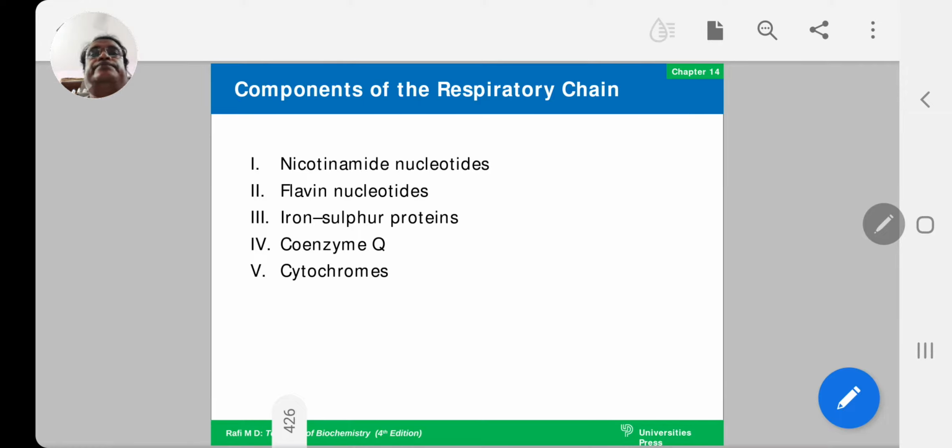Iron of heme in cytochrome oscillates between Fe3+, that is in oxidized form, and Fe2+, that is in reduced form, allowing them to function as effective electron carriers.